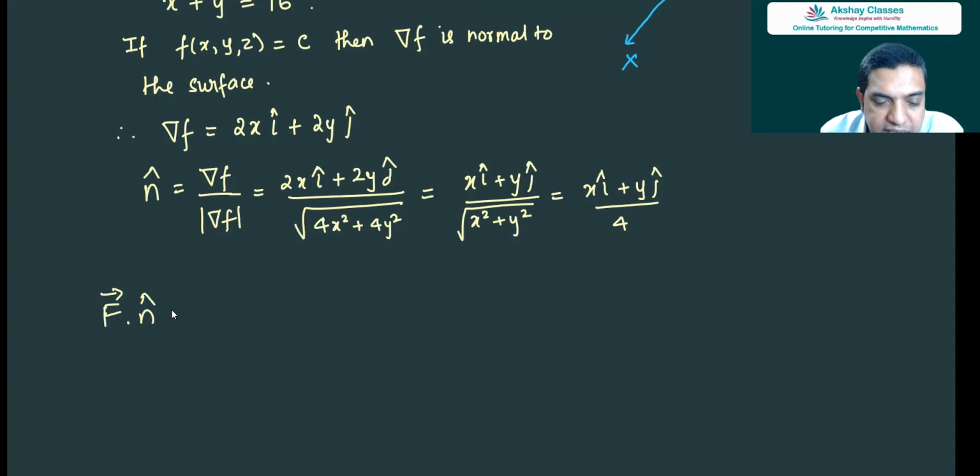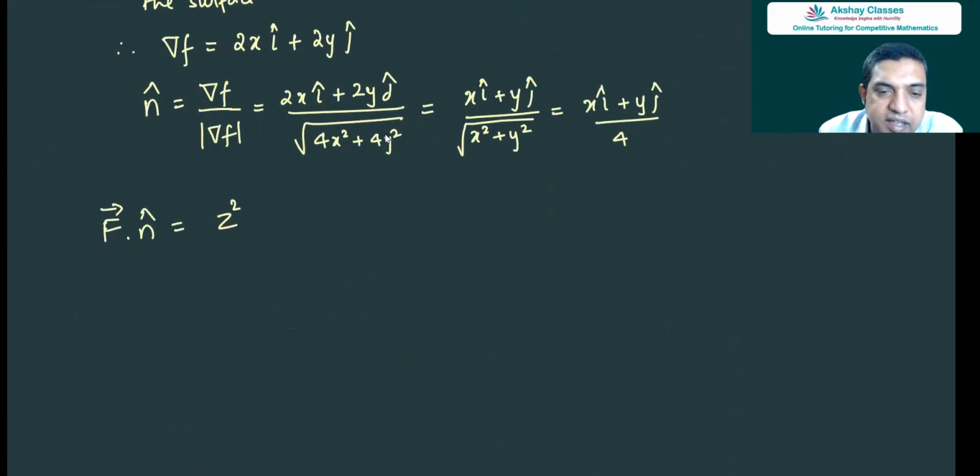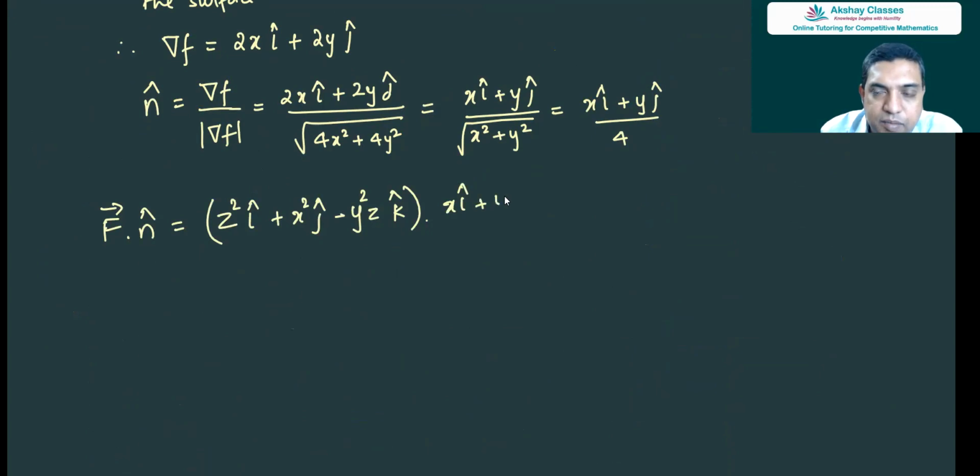F is given to be z square i plus x square j minus y square zk, times xi plus yj upon 4.